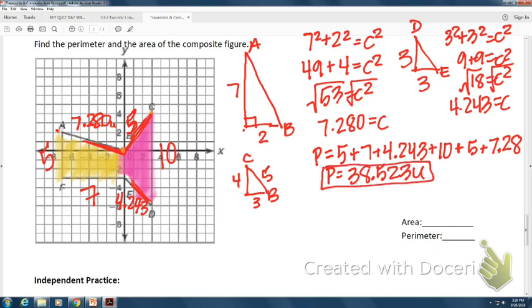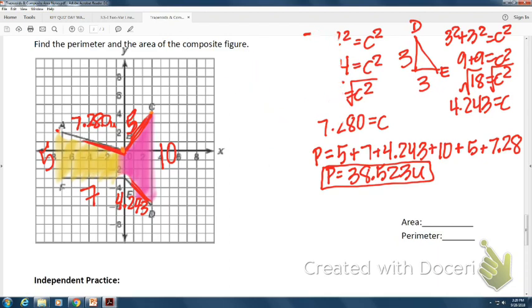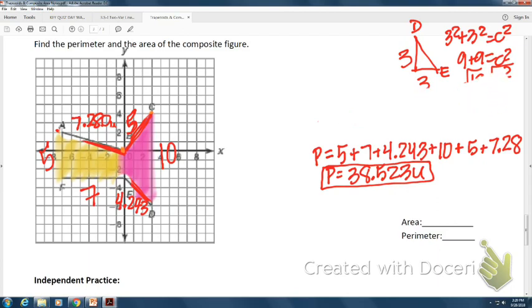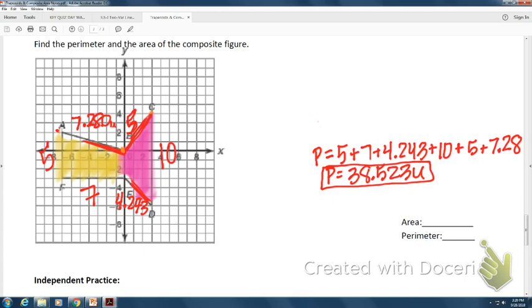Okay, now we have 2 area equations to solve for. Can I erase all the Pythagorean theorem stuff? Okay, thanks. Okay, so we have area of a trapezoid, 1/2 base 1 plus base 2 times my height. Okay, let's look at my yellow trapezoid first.